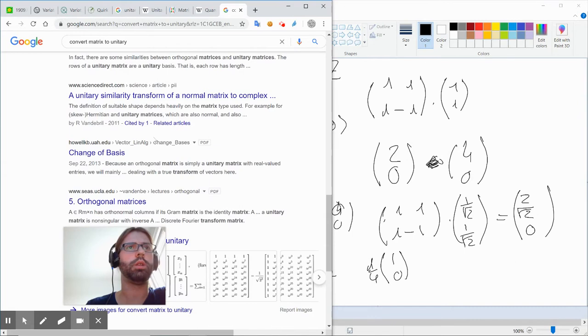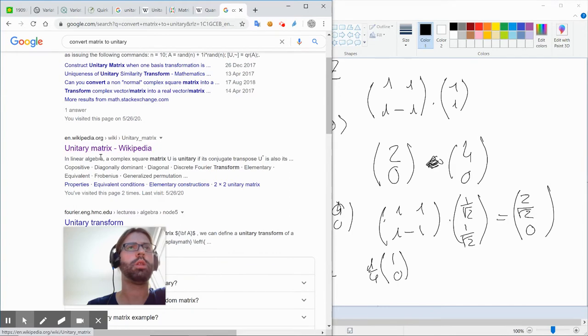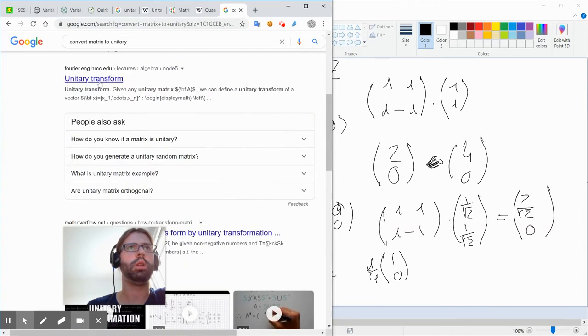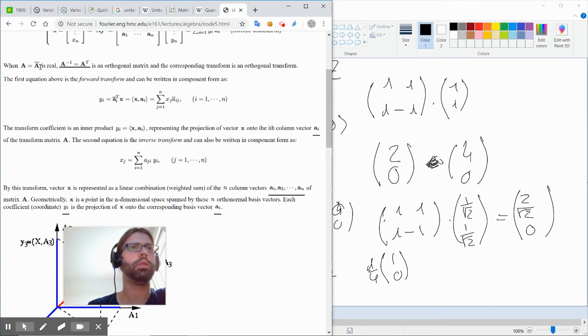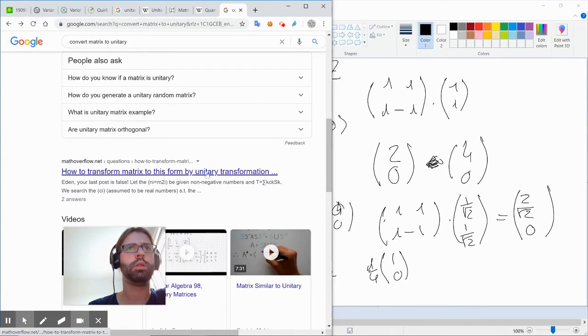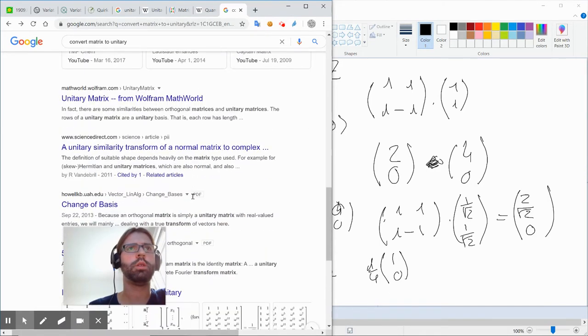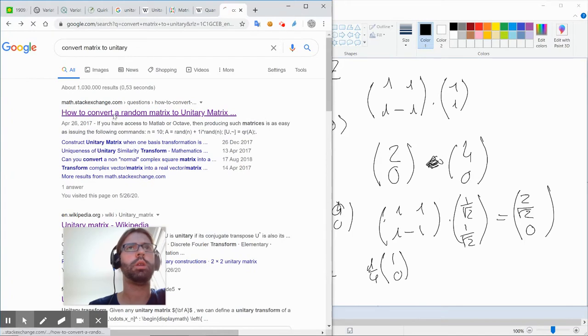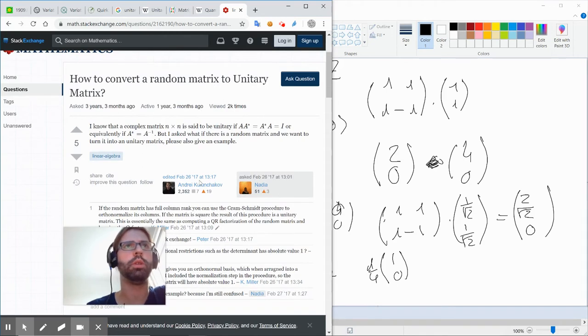Isn't there a quick way to do that? A unitary transform of a vector. Unitary matrix. I've been searching for this already.